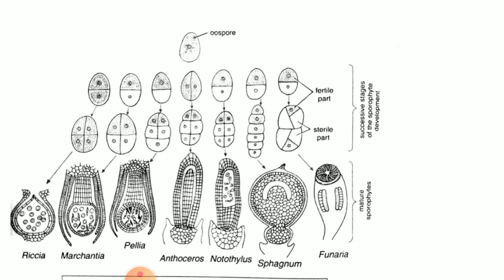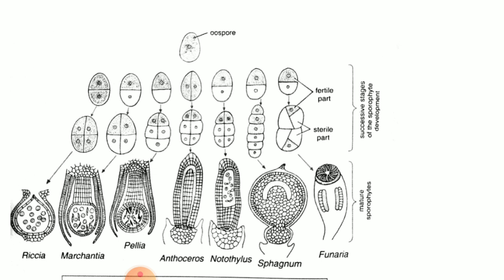In Marchantia, the hygroscopic nature of the elaters present in the capsule helps in spore dispersal. The capsule walls have ring-like thickenings. When the sporophyte becomes mature, the wall shows splitting at the periphery of the apical cap.